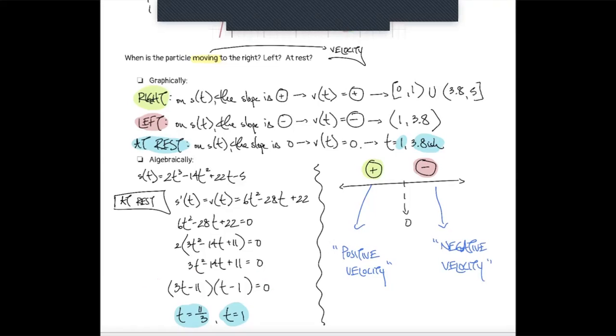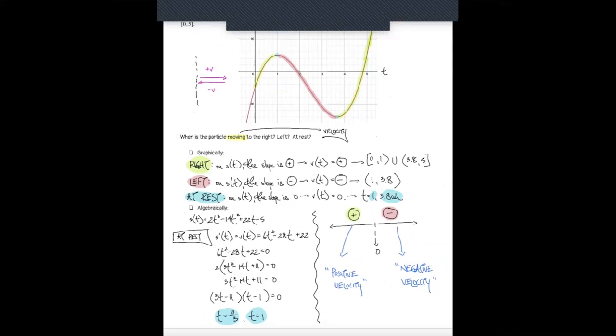Okay. Now let's look back at our picture for a moment. This says positive slope to 0 slope to negative. We sort of imagine what that looks like.